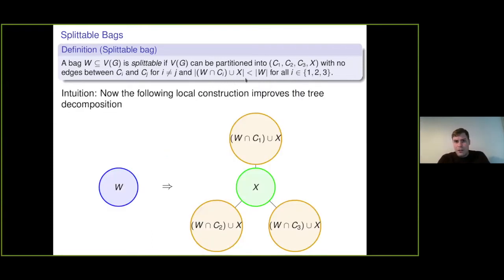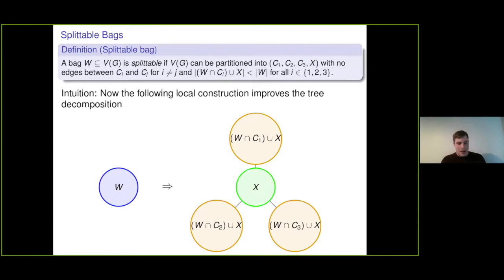The intuition for this inequality is that if you think about a single bag W here, we can locally improve this: instead of having this single bag, we put the separator X in the middle and have three bags: W intersection C1 union X, W intersection C2 union X, and W intersection C3 union X. Note that this says that each of these has smaller size than W. So this improves the tree decomposition locally.